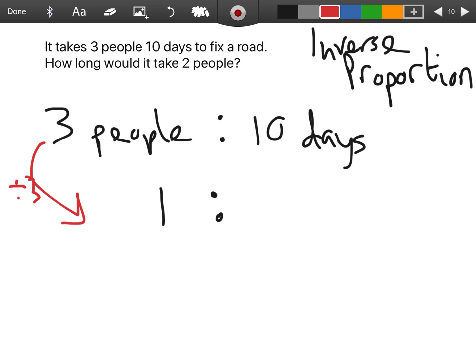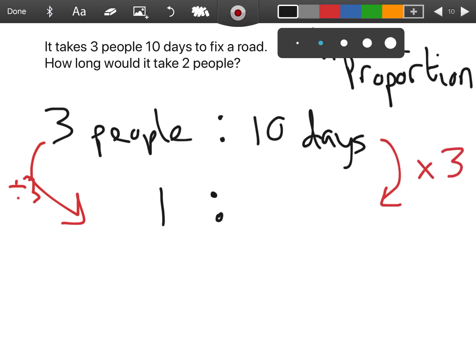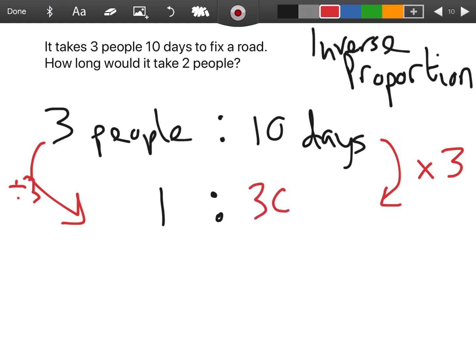But I know it won't take less time to fix the road. It's going to take more time. If I have a third as many people, it's going to take 3 times longer to fix the road. So I think this is actually going to be 30 days for one person.